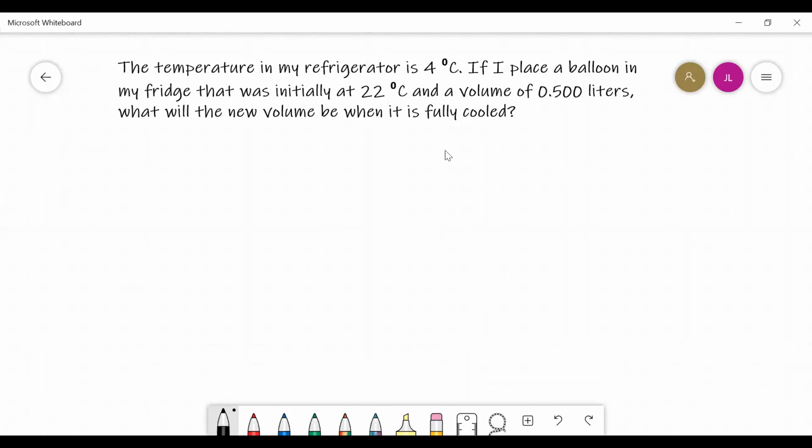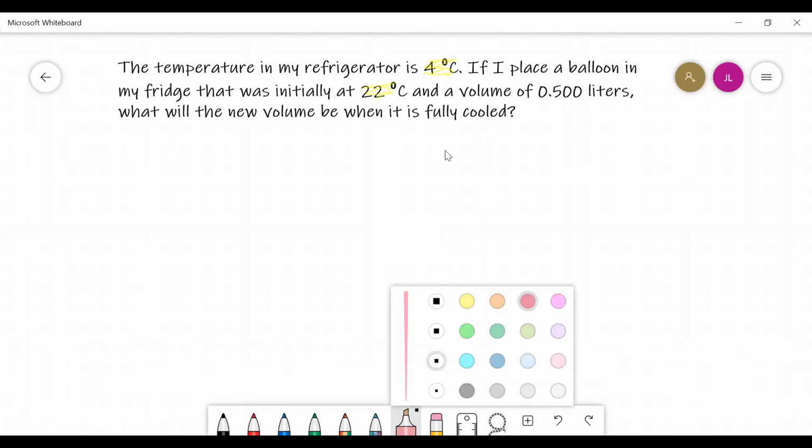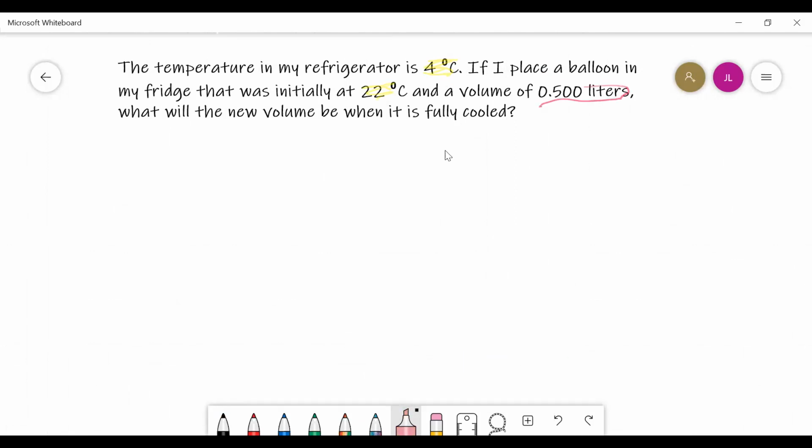All right, so we are looking here at a temperature, another temperature, and a volume. So this must be Charles' law, since we don't see anything else.